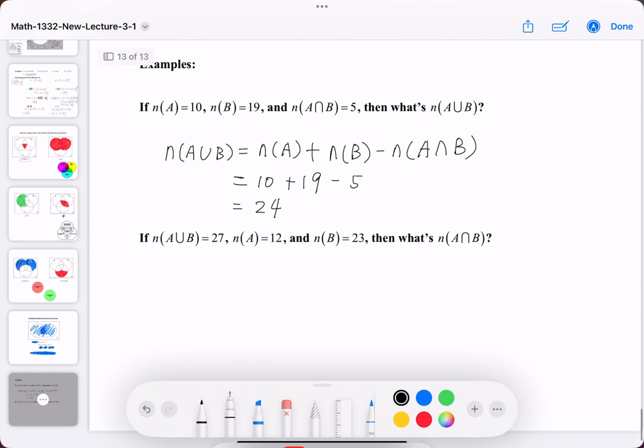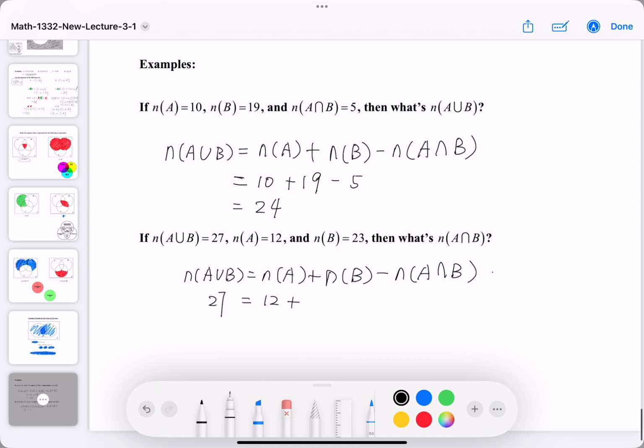We have the formula, n of A union B equals n of A plus n of B minus n of A and B. So we have 27 equals 12 plus 23 minus n of A and B. Now we are looking for n of A and B, so we can isolate it.